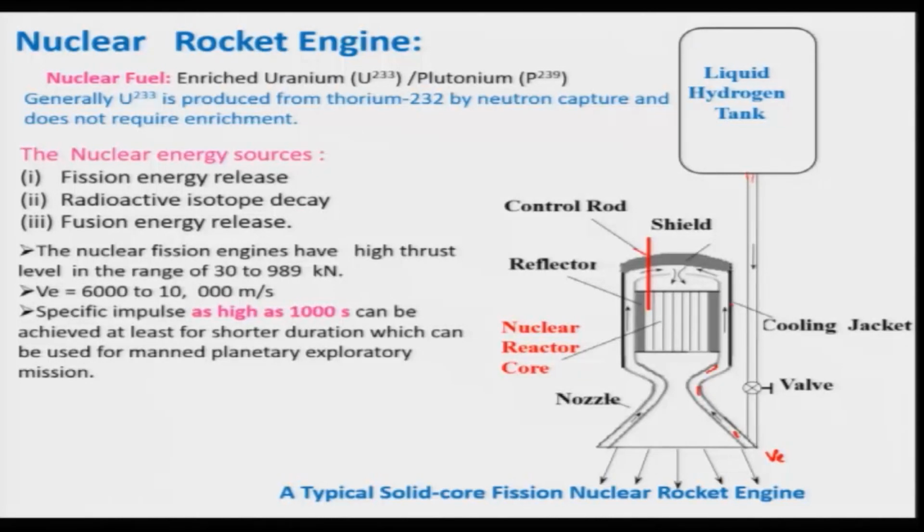Of course, till now nobody has used these nuclear rocket engines, but maybe in future they can be utilized. There is several research going on across the globe, and I hope one day this will be fructified.